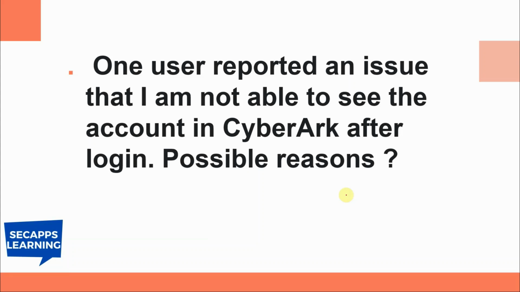When you create a safe, you grant different permissions: add account, password change, verify, unlock, delete account, manage safe, etc. From there only you will be able to see these options on an account. If you don't have the list account permission, you won't be able to see the account in CyberArk when you log into CyberArk.